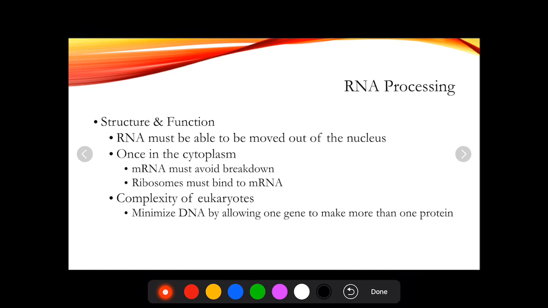Again, we're thinking about things like structure and function. So the RNA has to be able to be moved out of the nucleus without being degraded. There are hydrolytic enzymes that would otherwise break down nucleic acids. Why might that be? Why would you want to break down nucleic acids?